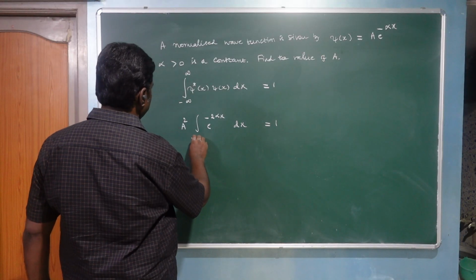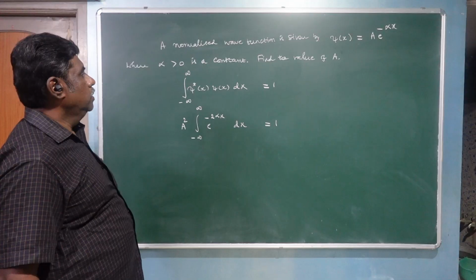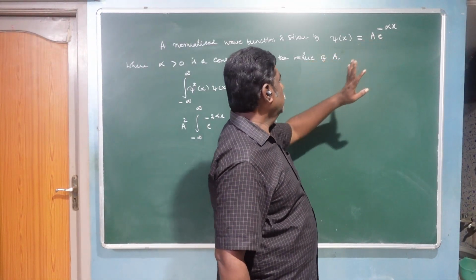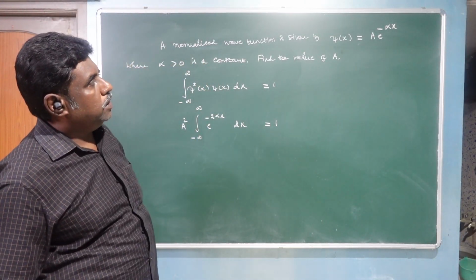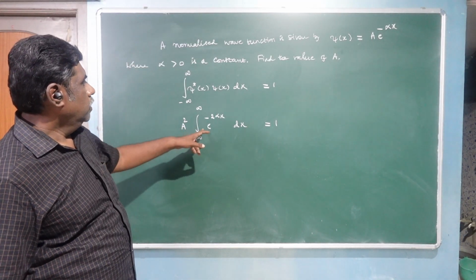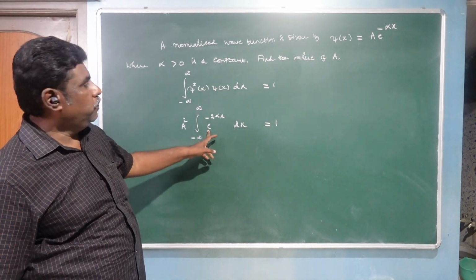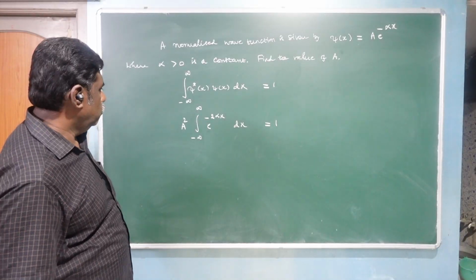Here the limit varies from minus infinity to plus infinity. Psi of x is A e power minus alpha x, then psi star of x is equal to A star e power minus alpha x. A star equal to A, so A square, then e power minus alpha x into e power minus alpha x is e power minus 2 alpha x dx equal to 1.